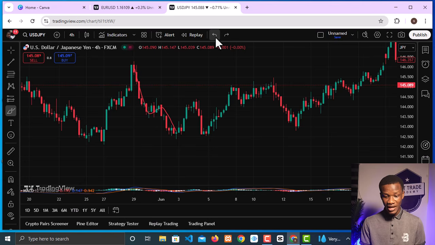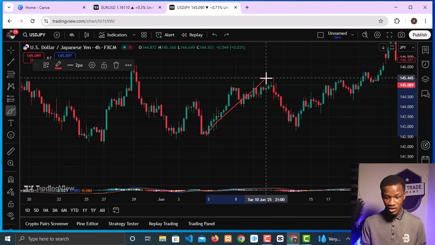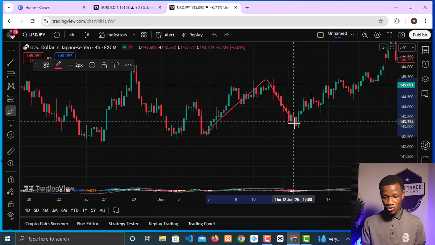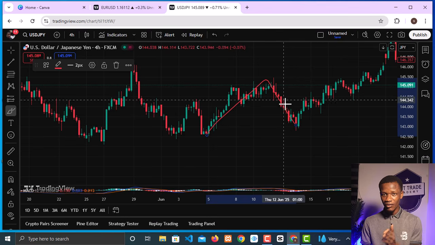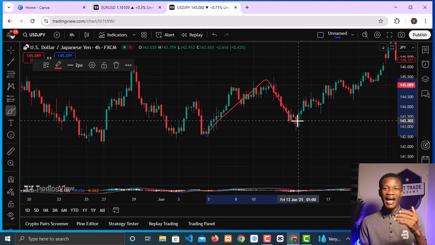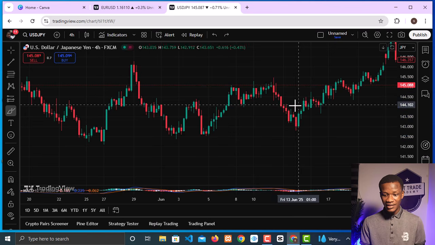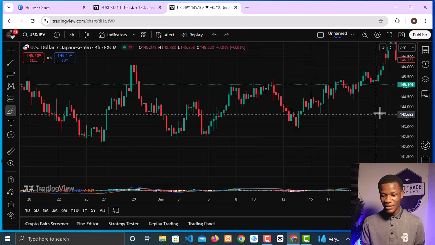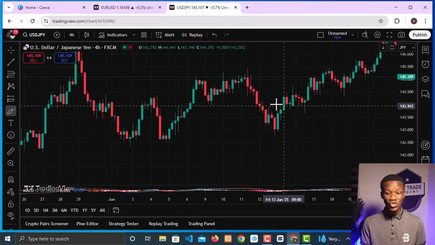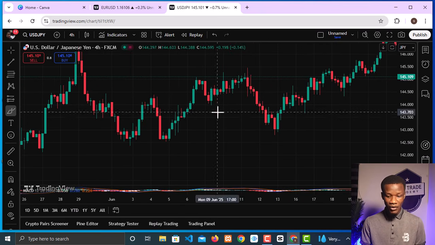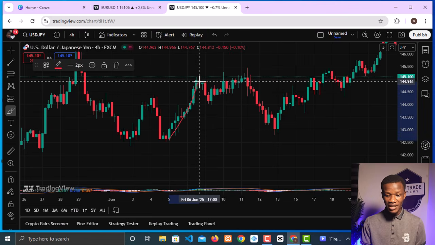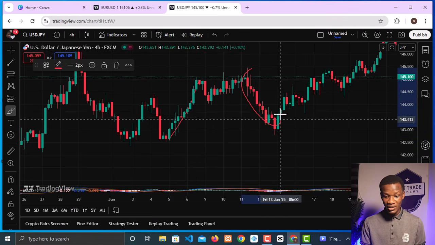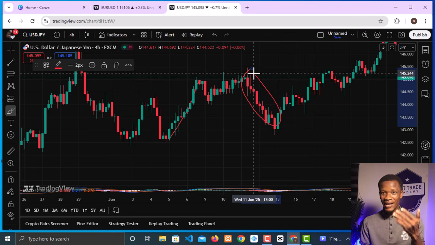And another example here is this market moves all the way into this very point, and then we see the market just move all the way downward. Now in this kind of formation, it seems as if it's an aggressive pullback, but it's not an aggressive pullback. It is a corrective pullback. Why? Because if you look at the strength of this very bearish candle moving all the way to the downside, it is clear that this very bearish candle here does not have strength. If you look at the way the market moved all the way from here to the upside, compared to the way it's coming all the way to the downside right here, you discover that the market does not have strength.